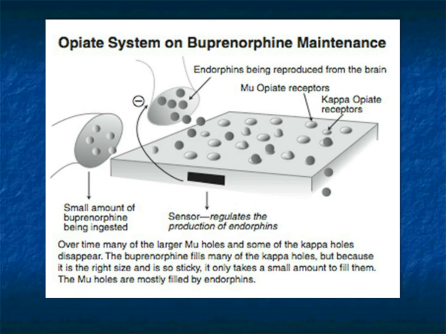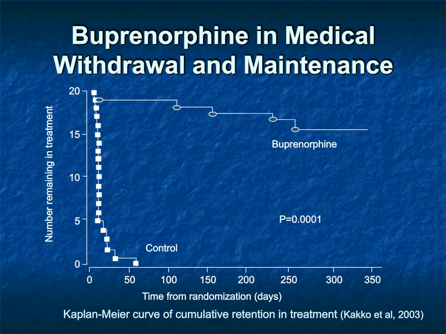Now, this is a slide I've used for a long time. It's a 2003 slide. But I have to say, and I didn't get a chance to put this in the presentation, that recent studies show this again and again. This shows people on buprenorphine versus people who are off buprenorphine, and how long they stay clean, basically. Again and again, we see this exact graph.